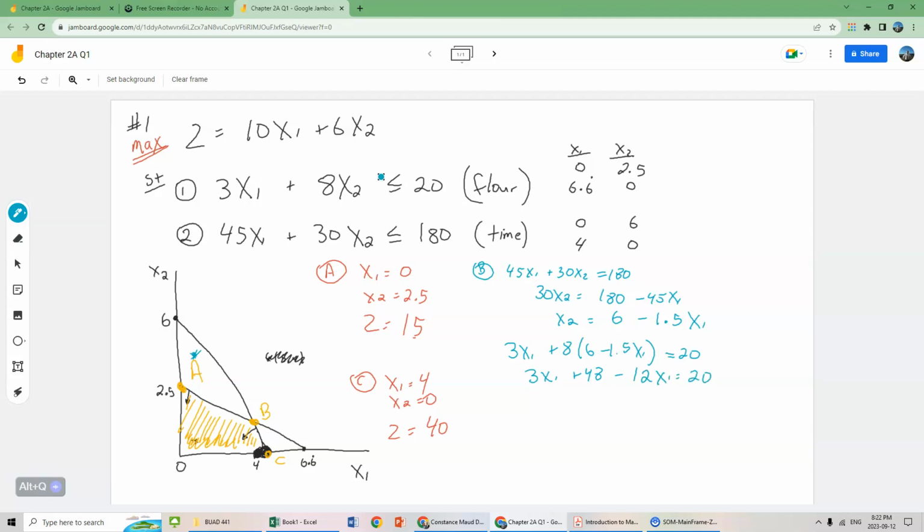We want to get all the x's on one side and all the numbers on the other side. So 3x1 minus 12x1 is negative 9x1, and then 20 minus 48 is negative 28. So this gives us an x1 value of 3 1/9. So I'm going to write 3.1 repeating.